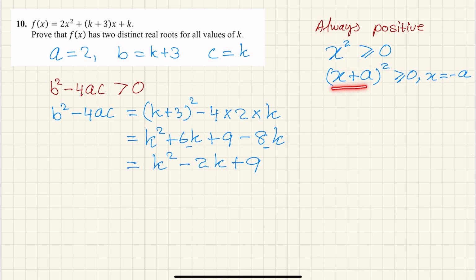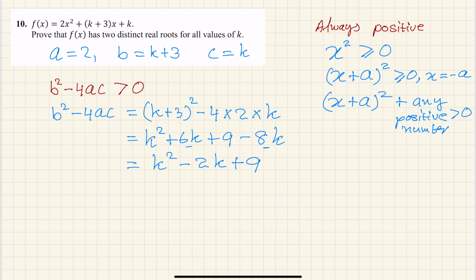If you look at this expression, x plus a square plus any positive number, this kind of expression is always positive.